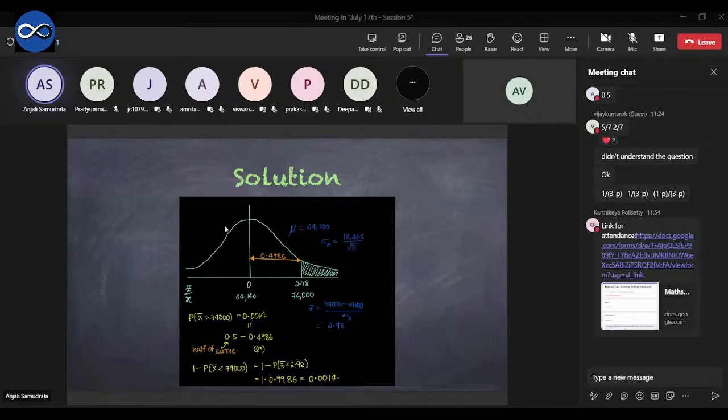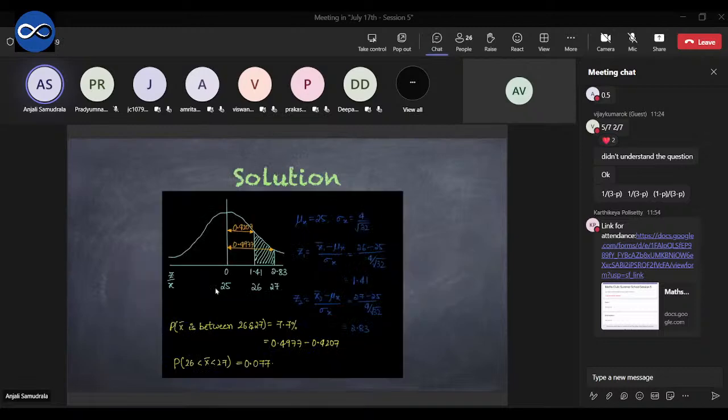So we need this shaded region. From the whole, we can subtract P(Z less than 2.98). For finding this probability for Z equal to 2.98, we can refer to the tables.